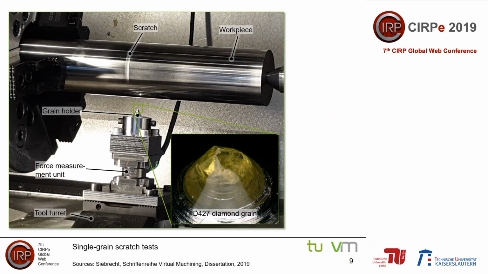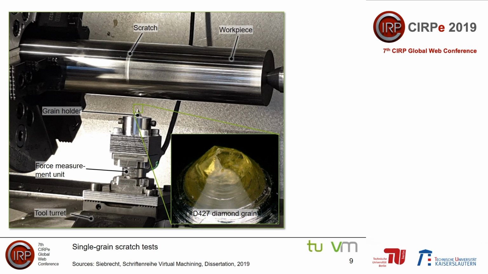The empirical process force model can be calibrated by determining the correspondence between the undeformed chip area and the process forces using single grain scratch tests. Here you can see the experimental setup based on a rotating workpiece and a fixed diamond grain on its grain holder on a turn milling machine.